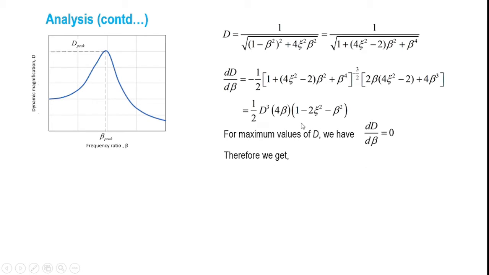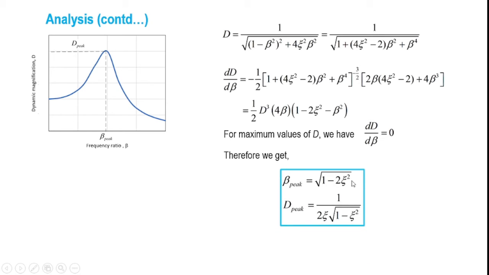Now, for the maximum value of D, we know that the first derivative of D with respect to beta should be set equal to 0, which means that for an assumed value of the damping ratio c, the peak value of D, that is the peak value of the amplitude, occurs at a frequency ratio beta equal to square root of 1 minus 2c square.